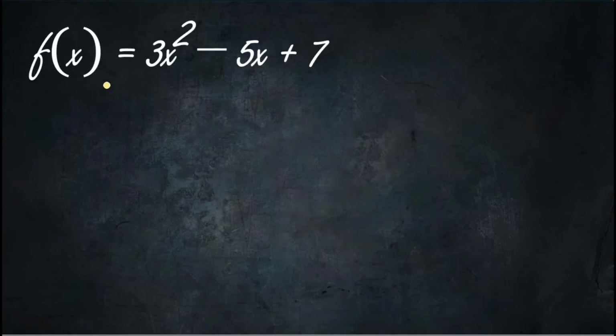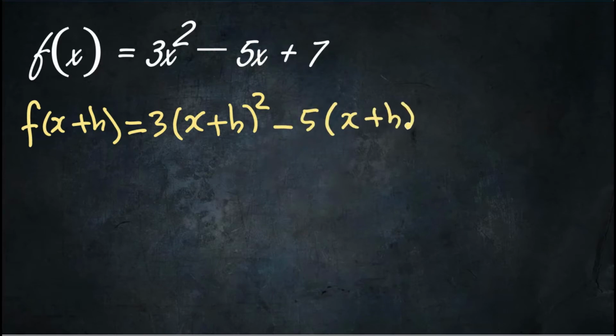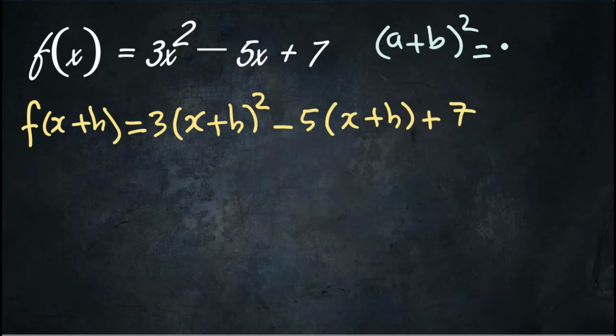Here's another example. F of x equal 3x squared minus 5x plus 7. We begin by finding f of x plus h, which means plugging x plus h for every x in the original function. So we have 3 times x plus h squared minus 5 times x plus h plus 7, and we expand. Let me remind you that a plus b squared is a squared plus 2ab plus b squared.